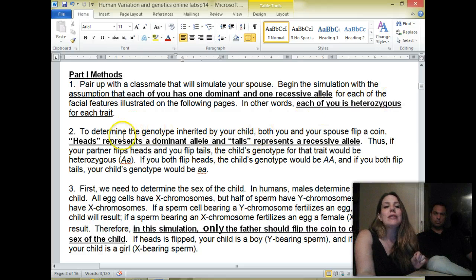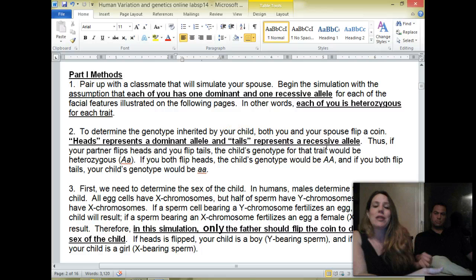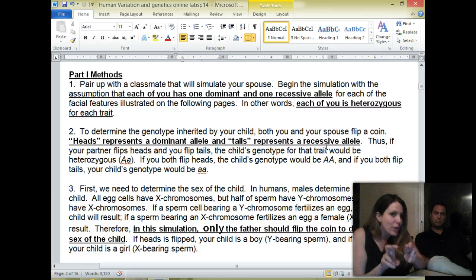So heads is going to represent that I donated a dominant allele to that particular egg that got fertilized and became the baby. Whereas if I got tails, it would represent that I donated my recessive allele. Because remember, I'm heterozygous, big H, little h in the case of hitchhiker's thumb. So because I got heads, I donated that big H into the sex cell that became the baby.